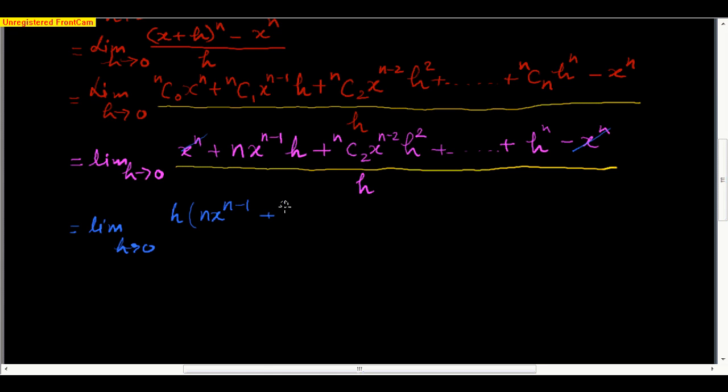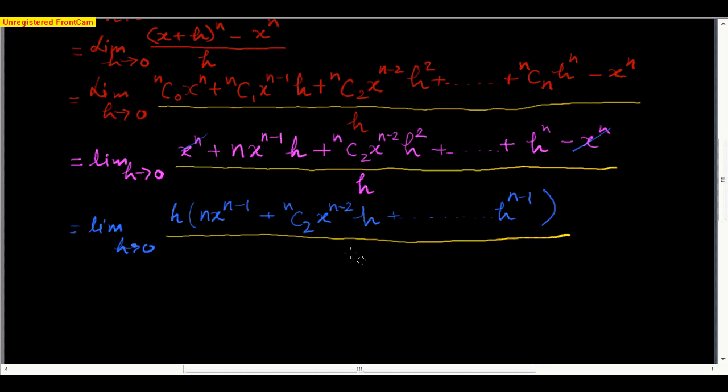Now nC2 x power n minus 2 into h power 2, and h we have already taken outside. In this way we take it outside from this bracket, and here h power n minus 1. Let us see the denominator. There is h.